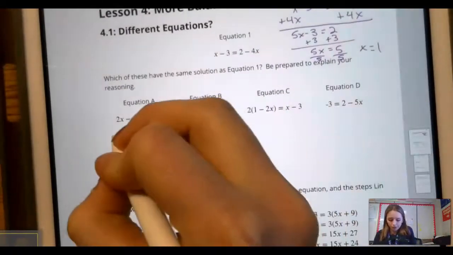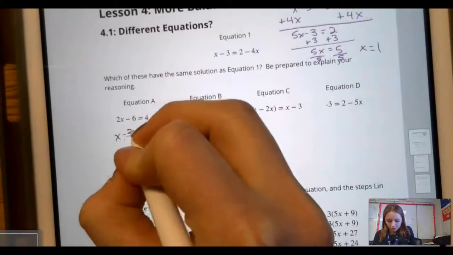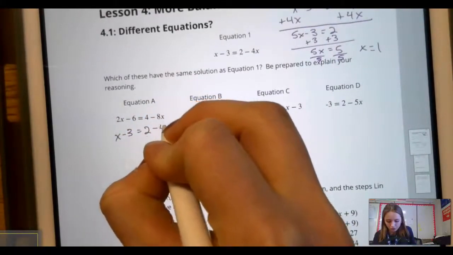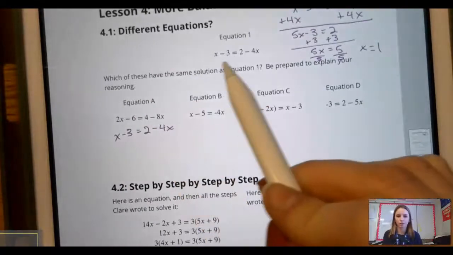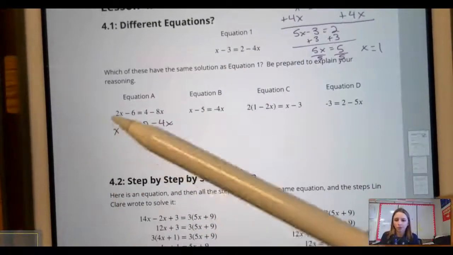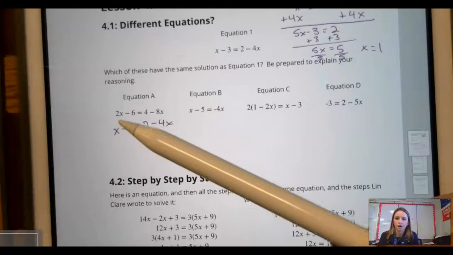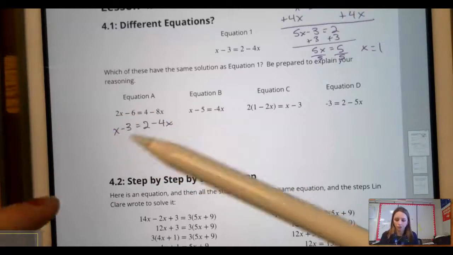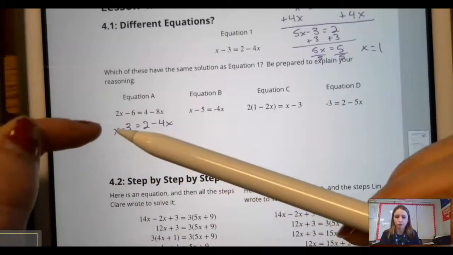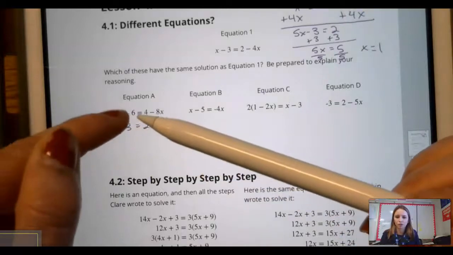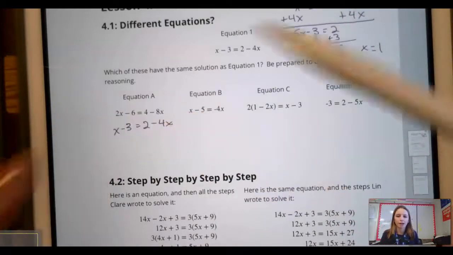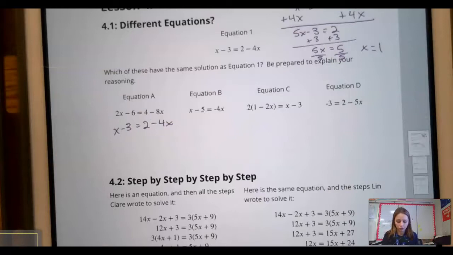So I'm going to rewrite x minus 3 equals 2 minus 4x right underneath. So that's my original equation. If I look and compare, I notice that if I were to take my original equation and multiply each term by 2, it would then match the other equation.